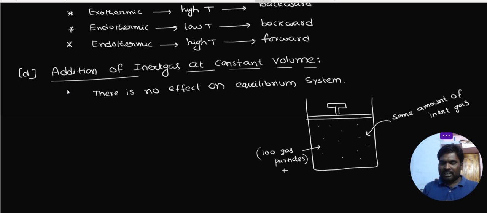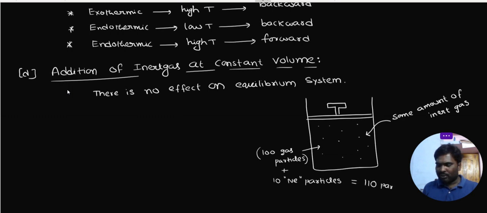To these 100 gaseous particles you are adding, for example, 10 neon particles, inert gas particles. Then overall, how many particles? 110 particles.